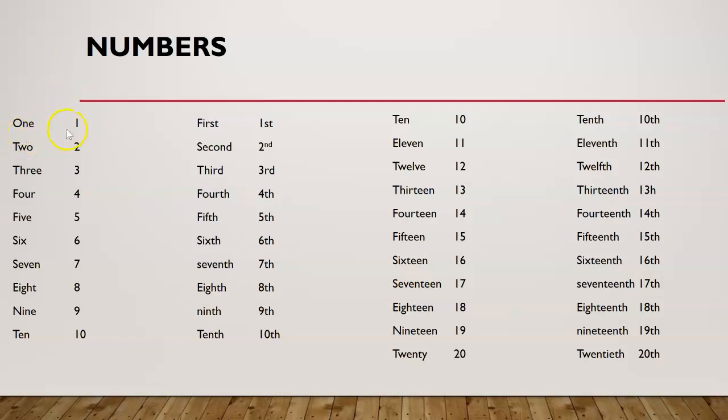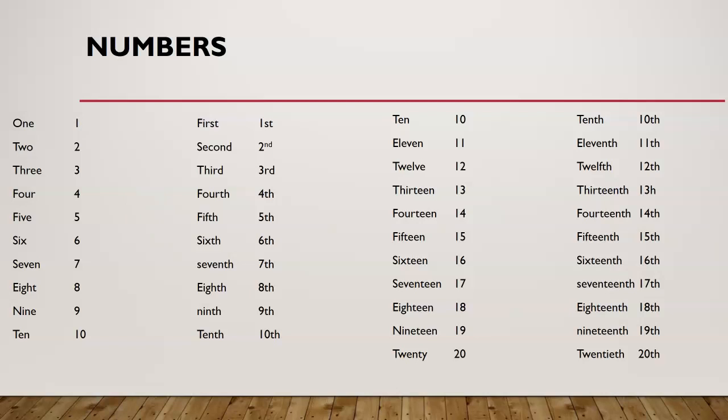We have one. This is one. Cardinal one, ordinal first. Two, cardinal, ordinal second. Three, cardinal, ordinal third. Four, ordinal fourth. From 4 of cardinal up to 20, you just add th at the end to form ordinal numbers.